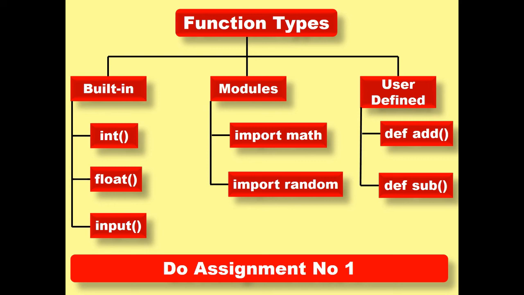If we are supposed to perform any kind of mathematical function, for example, if we want to display the absolute value of a particular number entered by a user, in such a case we import math, and for absolute we write abs with open and close brackets. Again, import random is one more module.